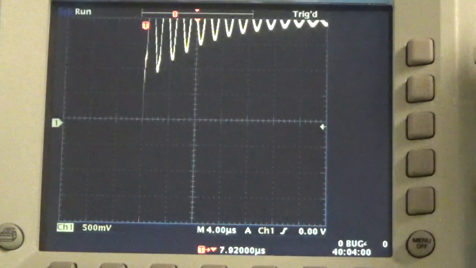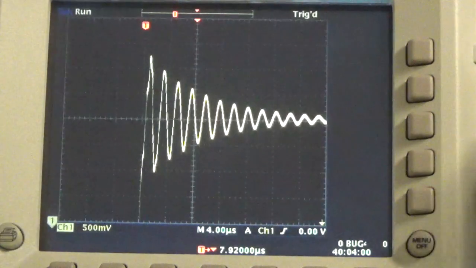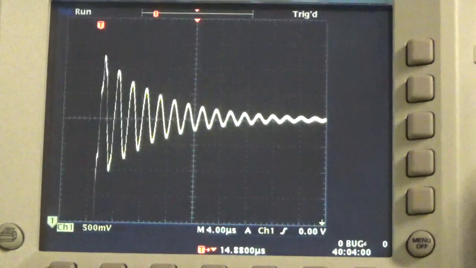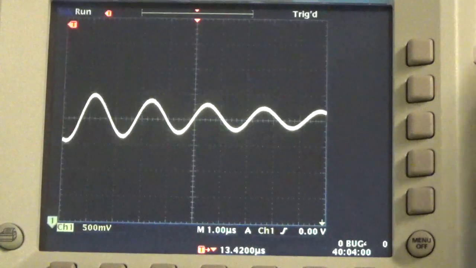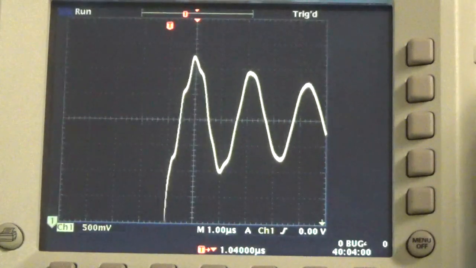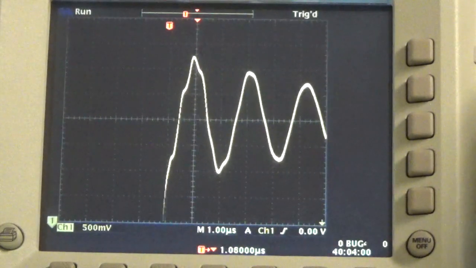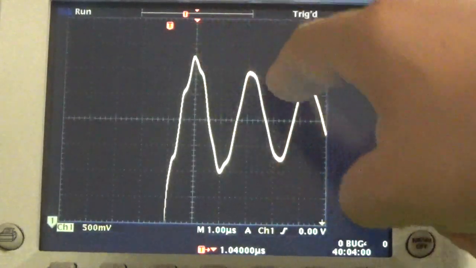How to do that? I will go down like this and expand the time scale, so that can help me to figure out the oscillations. The periodic time is the same between each one of these peaks.